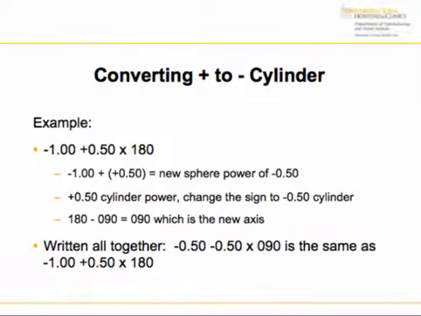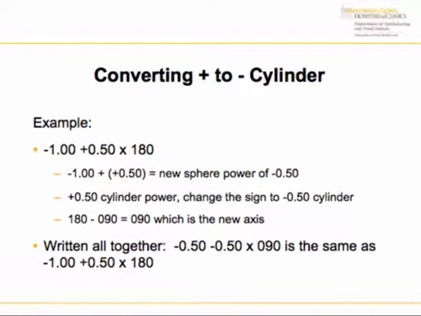Finally, change the axis of the cylinder by 90 degrees. Using the example of -1.00 plus 0.50, axis 180, first add the sphere and cylinder powers together to get the new sphere power. In this case, you have -1.00 plus a plus 0.50. This results in a new sphere power of -0.50 diopters. Next, change the plus 0.50 cylinder power sign to minus.